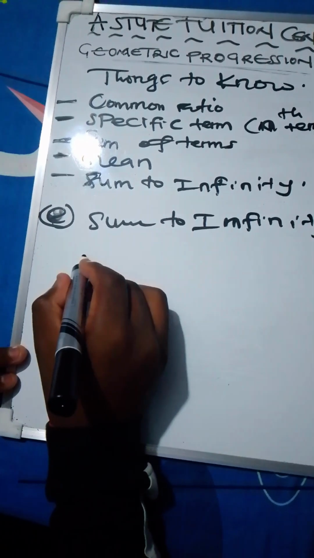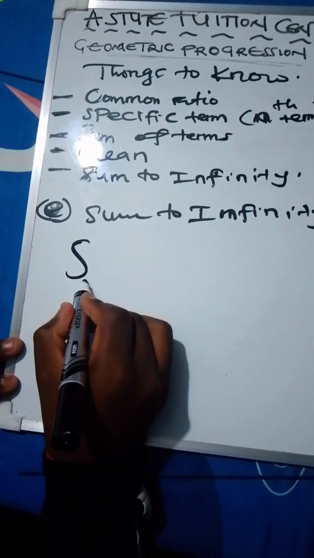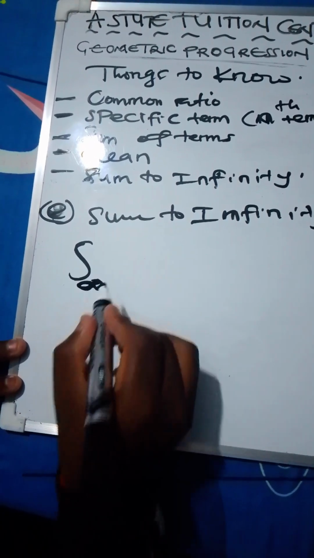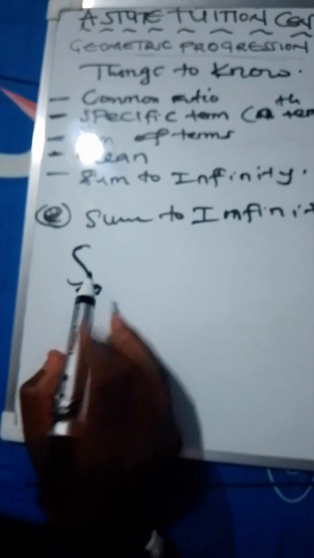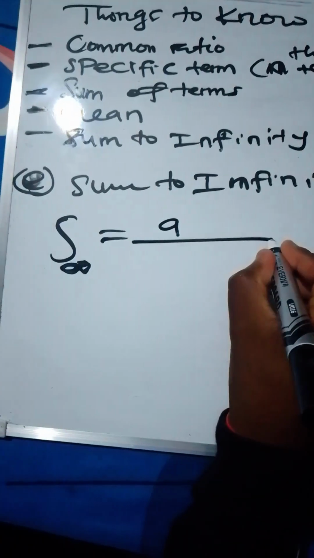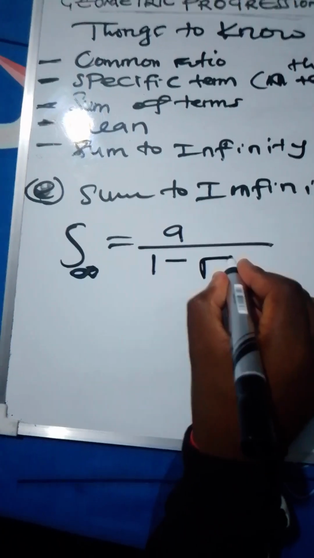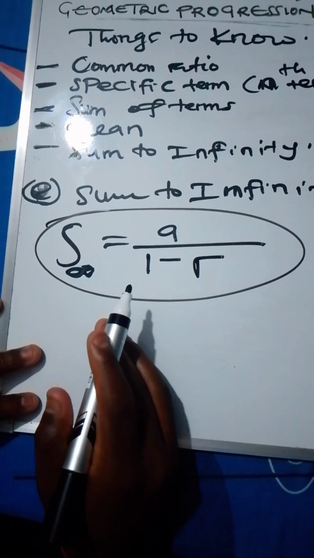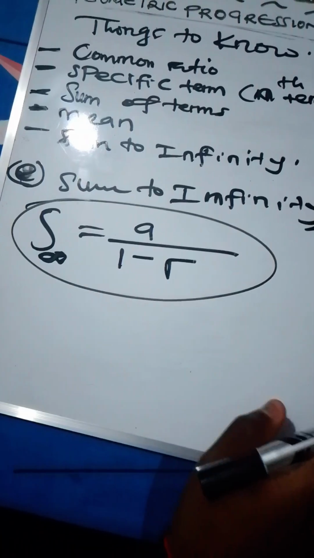The sum to infinity is going to be equal to, and you indicate this symbol here, which means infinity, because you're trying to find the sum to infinity. Always make sure that you indicate this symbol. This is equal to the first term divided by 1 minus the common ratio. This is the formula that you use when calculating the sum to infinity, and this is very common in questions.